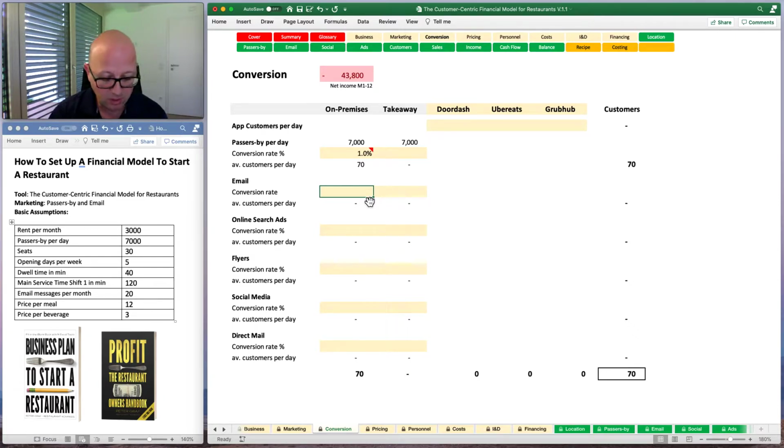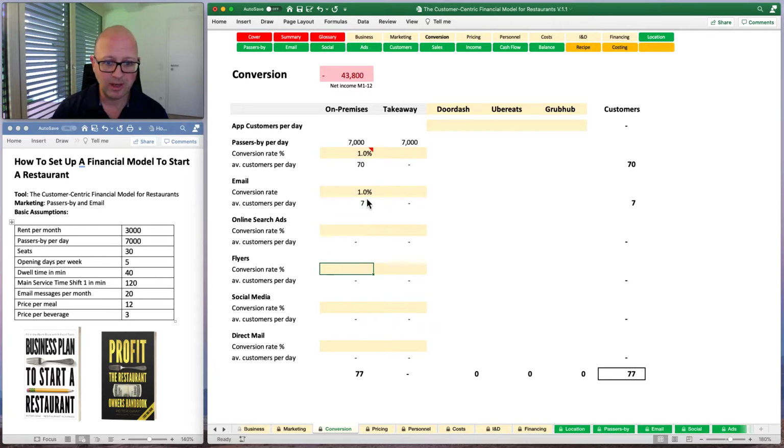I would say a conversion rate between 1, 2 or 3% is reasonable and possible. It depends very much on how well your email messages are crafted and how strong the relationship is that you can build up with your customer. But let's stay down, and we assume a 1% conversion rate for email.